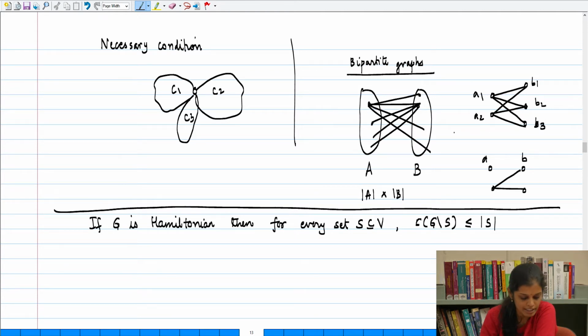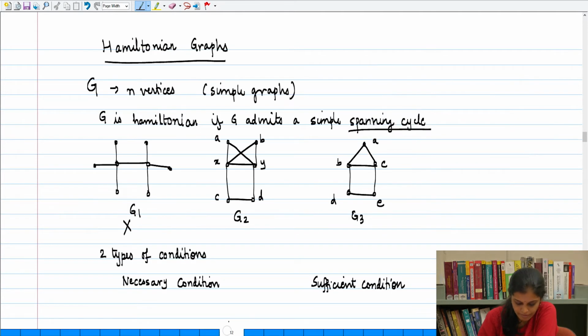So let us revisit our examples. And we agreed that this graph, G1, is not Hamiltonian. So can we now show a witness set S? So in fact, let's remove this vertex. If you had removed this vertex, this will be one component, this is another component, this is another component, and this rest of the part is another component.